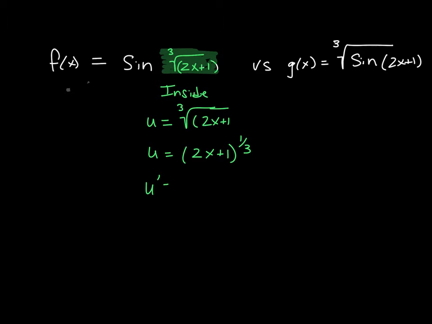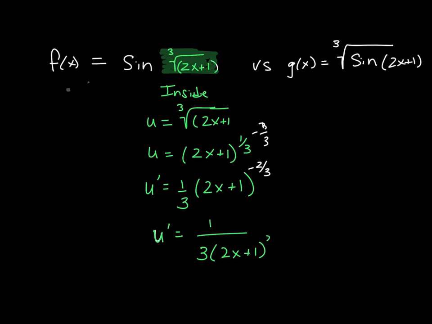So u prime is equal to 1/3 times 2x plus 1 to the 1/3 minus 1, but 1 takes the form of 3/3, so it's going to be to the negative 2/3 power, which leaves me with u prime equal to 1/3 times 2x plus 1 to the 2/3 power. All I did here is put that negative 2/3 and moved it to the denominator. The 3 was already in the denominator.